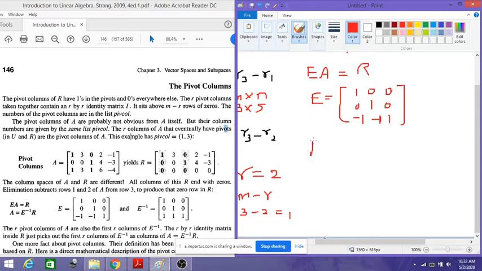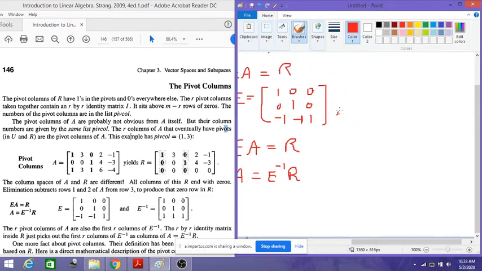Now if you multiply this elimination matrix with A, I get my reduced matrix R, or I can write it the other way, that A is equal to the inverse of the elimination matrix multiplied by R. So what is the inverse of this elimination matrix? We have seen in the previous tutorial that you just change the sign. Rather than subtracting, you add those multipliers.